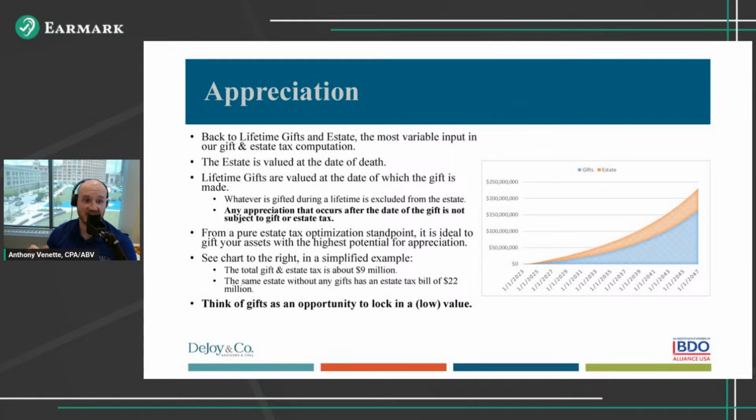So any appreciation that occurs between the gift date and the date of death would go untaxed. That's where our planning opportunity comes into play. So from a pure estate tax optimization standpoint, it'd be most ideal to gift your assets, theoretically your highest potential appreciating assets, focus on those, and that creates the biggest benefit.